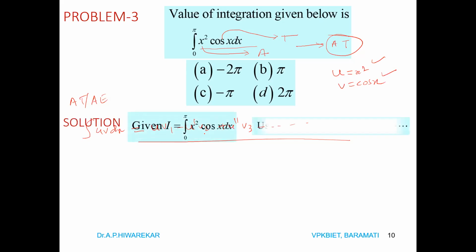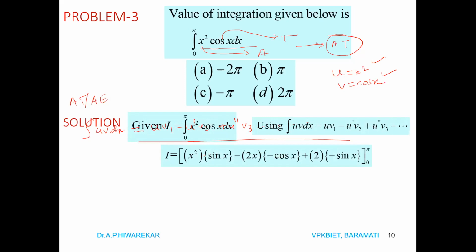Using this formula, the first function goes in this bracket, the second function in this special type of bracket. So x square as it is, the integration of cos x is sin x. Then minus, the derivative of x square is 2x, and the integration of sin x is minus cos x.